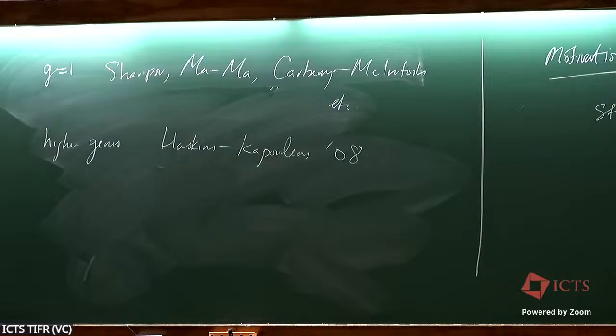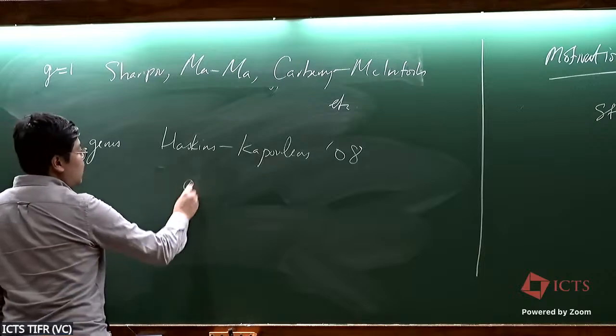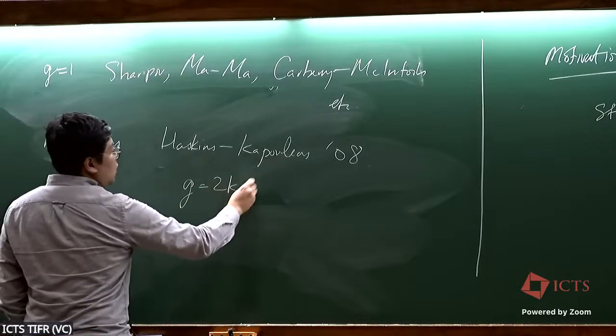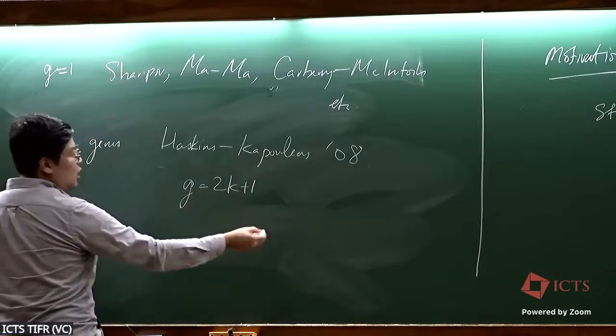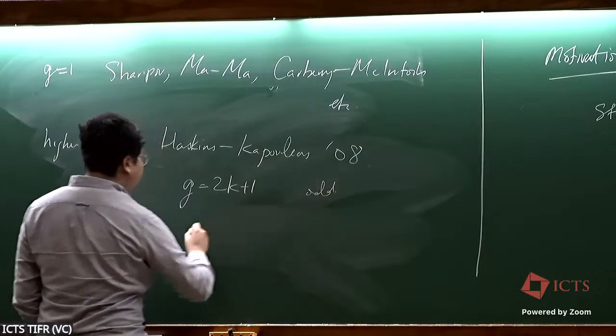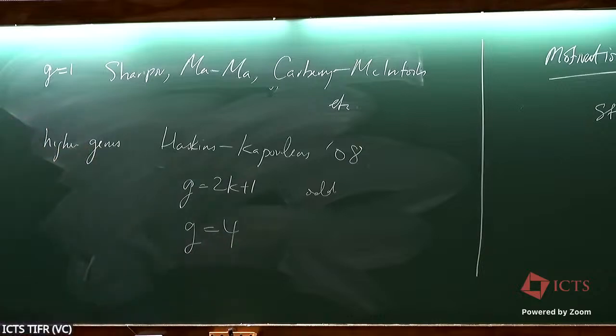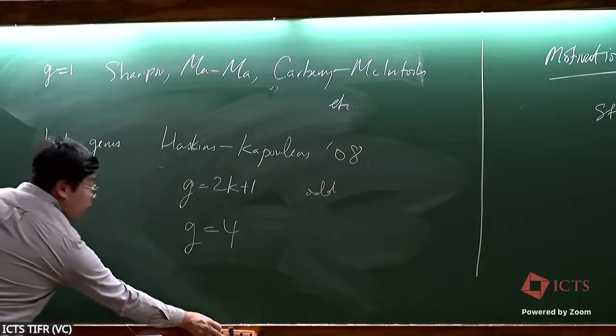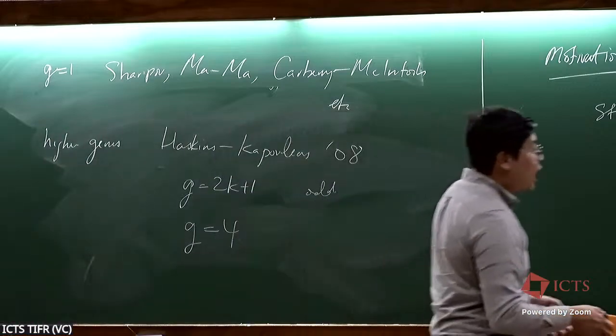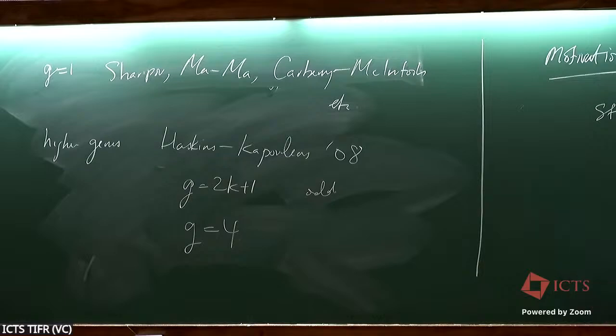There they come up with the first examples of these higher genus minimal Lagrangian surfaces in CP2, and they do it for all odd genus G. And they have one example where G is 4, but it's an ad hoc construction. But aside from this, no other examples have been constructed. Let me quickly sketch how they do this. This is hard analysis, but at least let me tell you the setup.